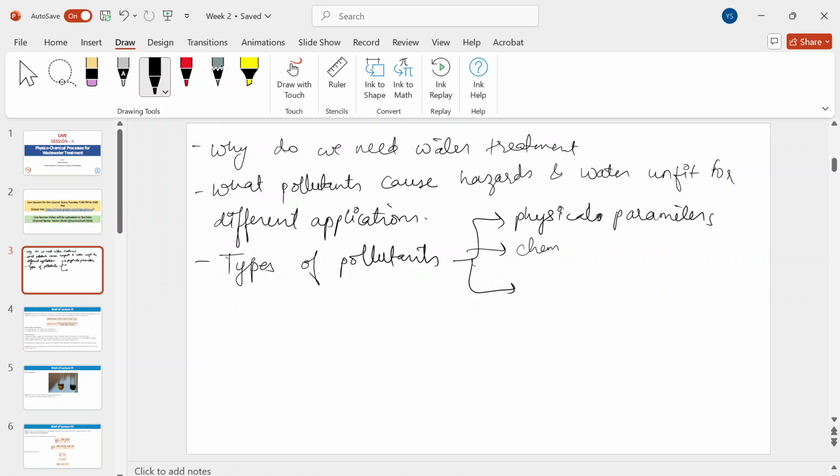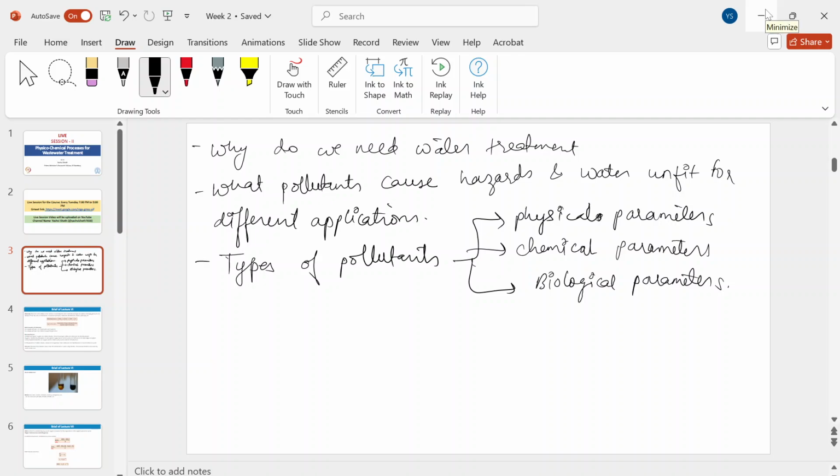Then there could be chemical parameters and biological parameters. So far we had seen physical parameters and a few chemical parameters, and we will go further by continuing this.